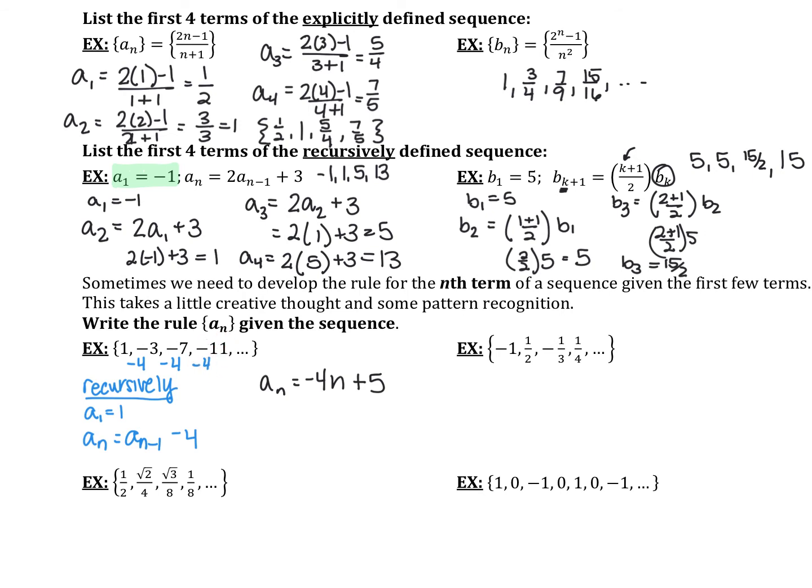If I plug in 4, I should get -11 as an answer. -4 times 4, the fourth term, would be -16, and -16 plus 5 is -11. So this is what we call our explicit formula, or our explicitly defined formula.